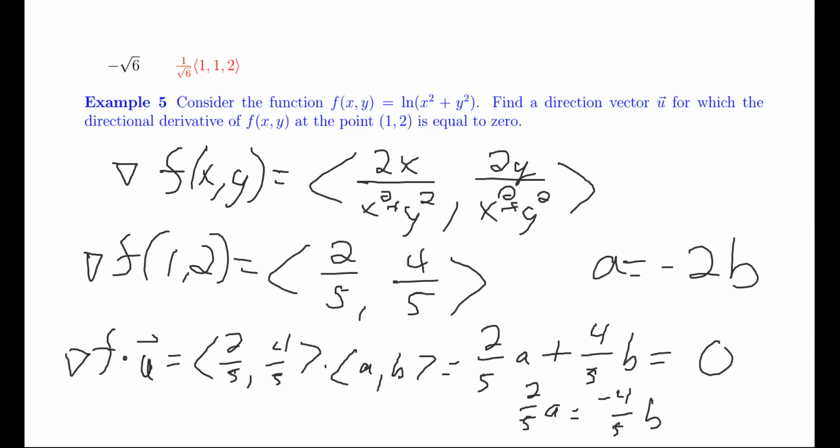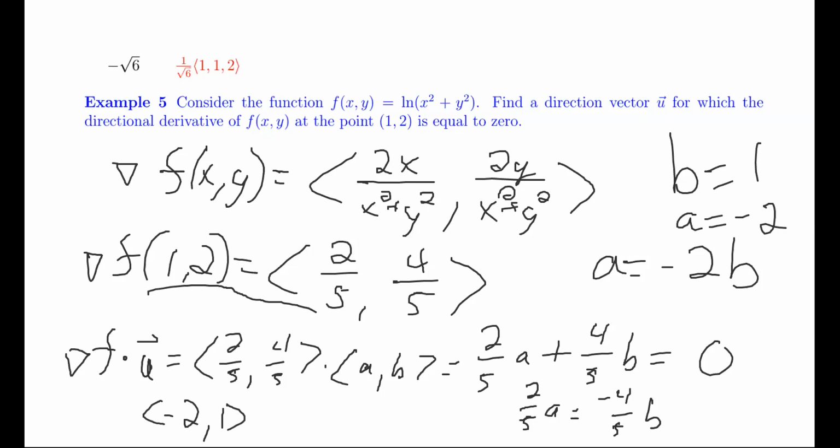So if we just pick anything for b, let's suppose b is equal to 1, then this implies that a is equal to negative 2. This tells us our vector negative 2, positive 1 is perpendicular to the gradient vector here, evaluated at 1, 2.